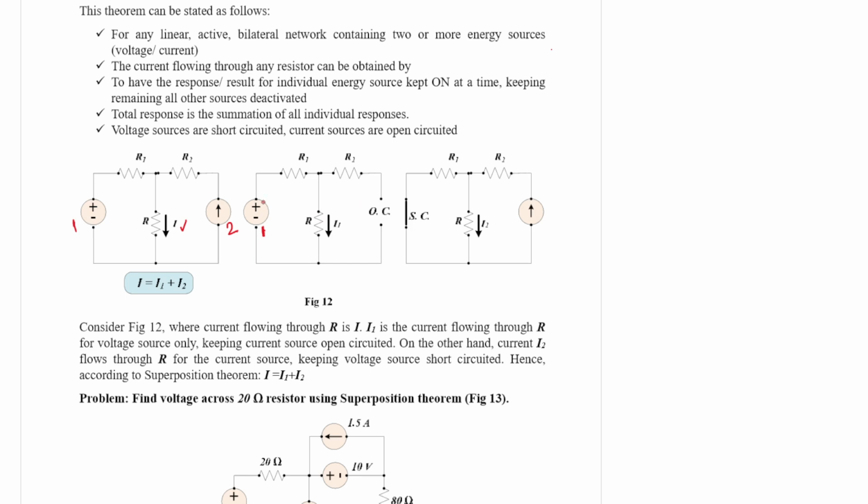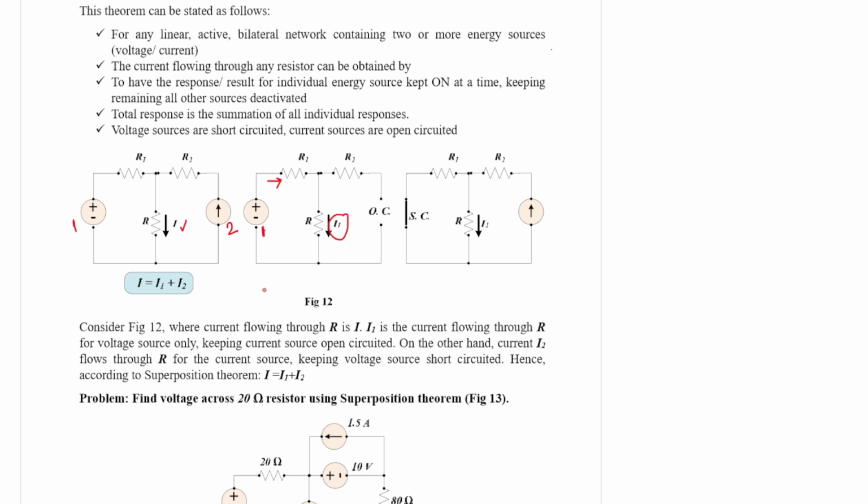As source number 1 is only present, that voltage source will inject some current, and some part of it or the full part of it, we don't know, will flow through this R, and let us say that current is I1.